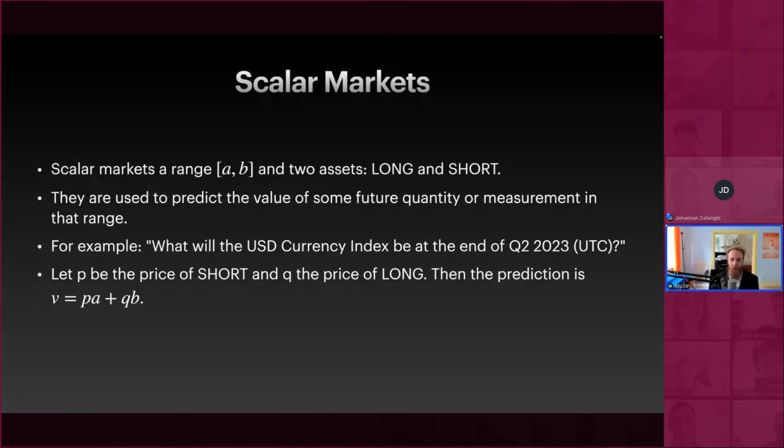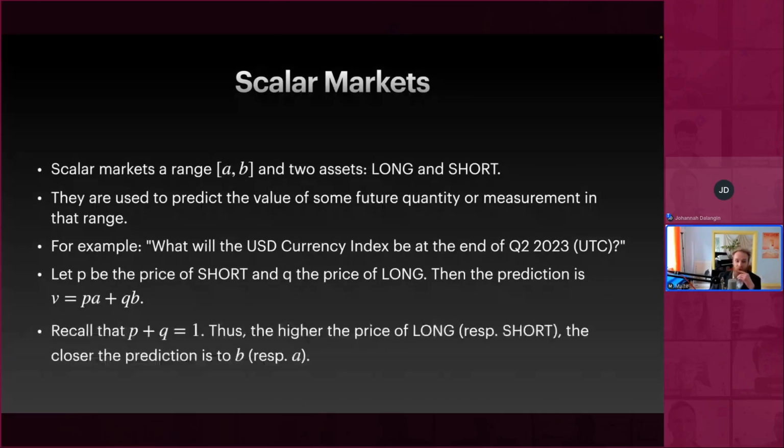If P is very large, so if the price of short is very large, then the price of Q is small, and P times A plus Q times B is very close to A. And the other way around, if the price of long, which is Q, is very large, then the prediction V will be very close to B, because P will be small and Q will be large. So the higher the price of long, the closer the prediction is to B. The higher the price of short, the closer the prediction is to A.